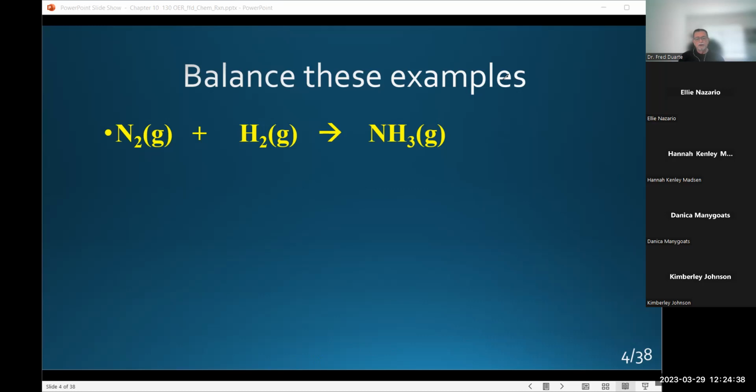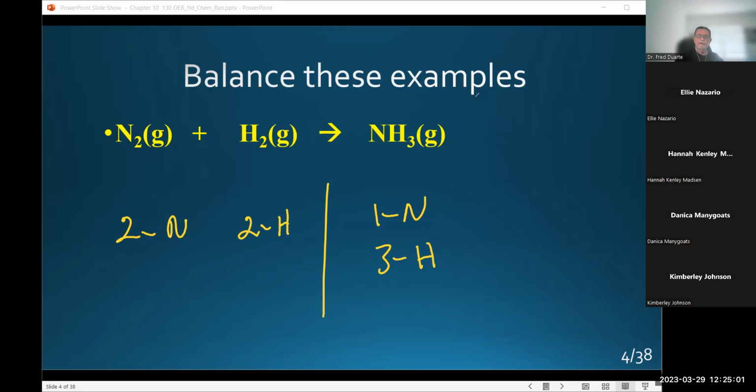So let's figure out what we have. On the left side, we have 2 nitrogens and 2 hydrogens. On the product side, we have 1 nitrogen and 3 hydrogens.